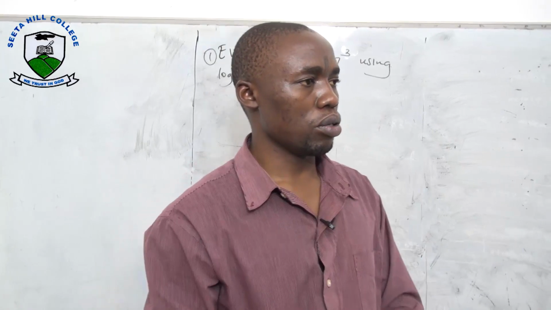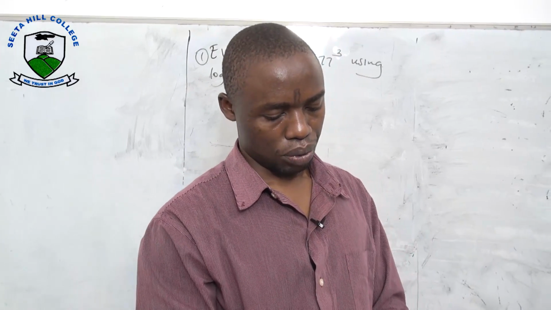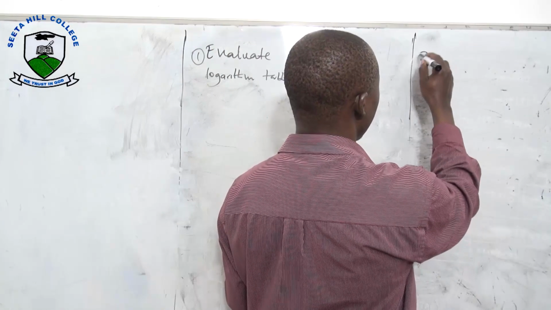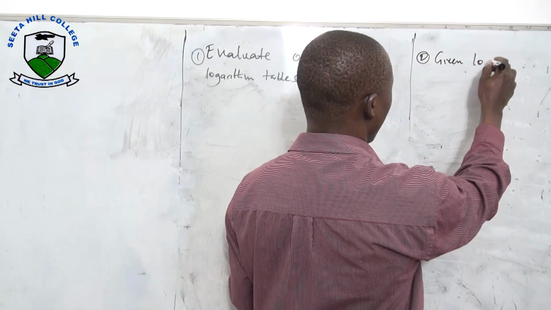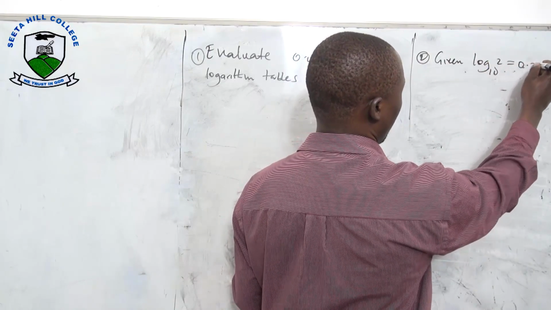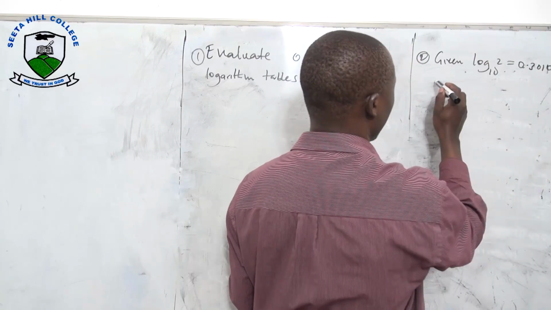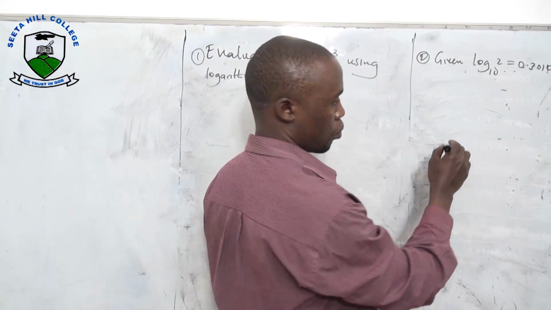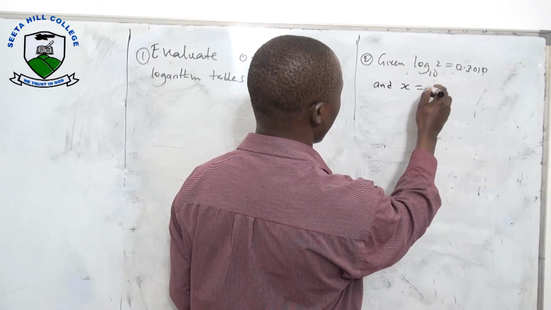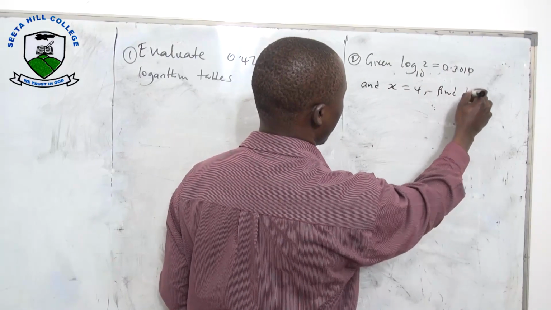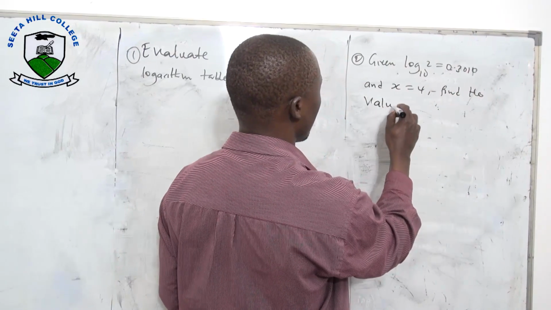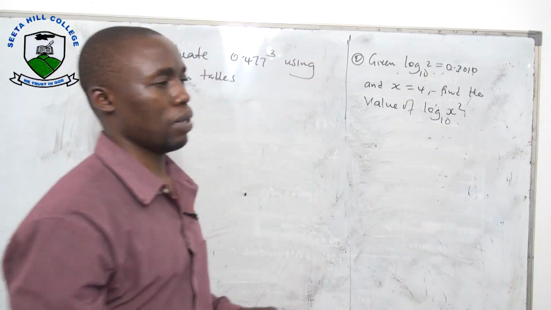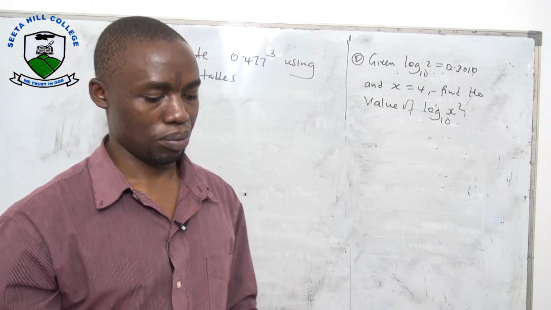You pick what you can. Number 2, given log 2 is 0.3010 and x equal to 4, find the value of log 10 x squared. There you are.